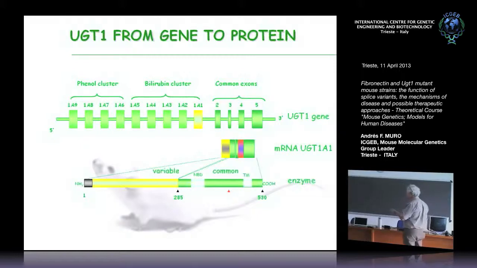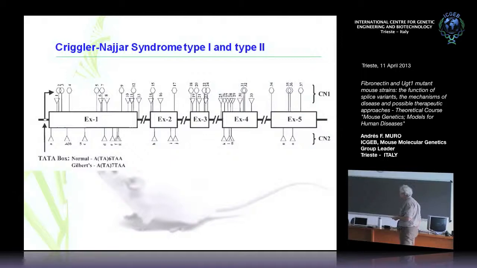So the protein contains a transmembrane domain, and this is the variable part that gives specificity, and this is the active part of the enzyme. Different mutations have been found, and Crigler-Najjar syndrome was divided according to the residual function of the enzyme into type 1 and type 2.